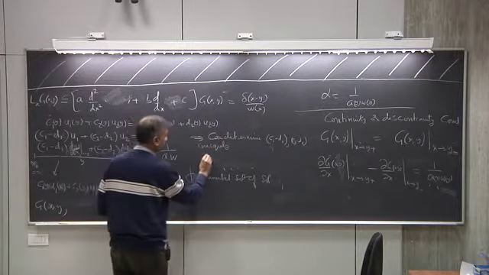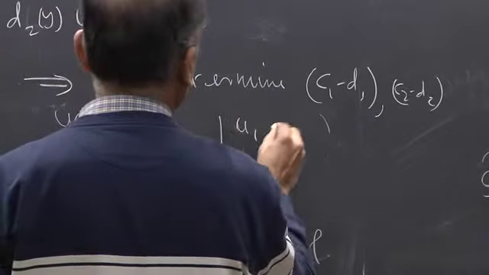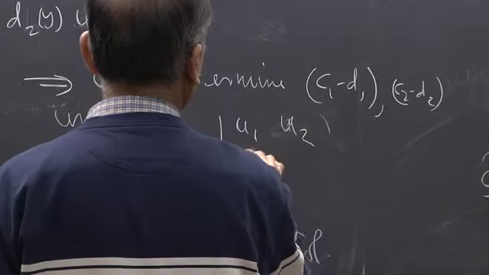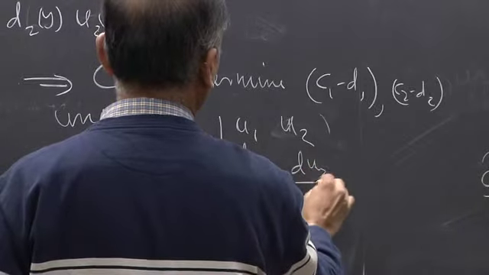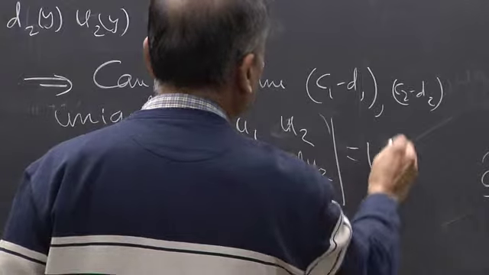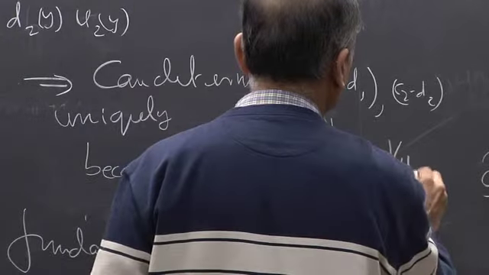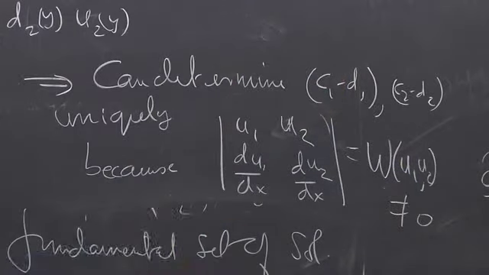Because the determinant of the coefficients u1, u2, du1 by dx and du2 by dx is the Wronskian W of u1, u2. And that's not equal to 0, right? Because for the fundamental set of solutions, that is not 0.